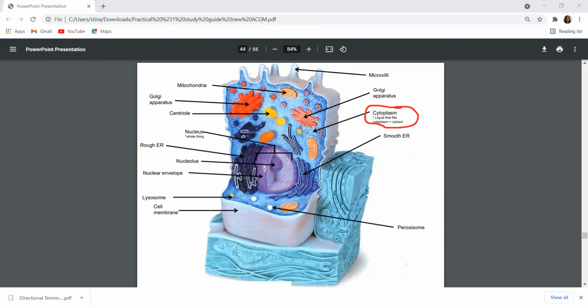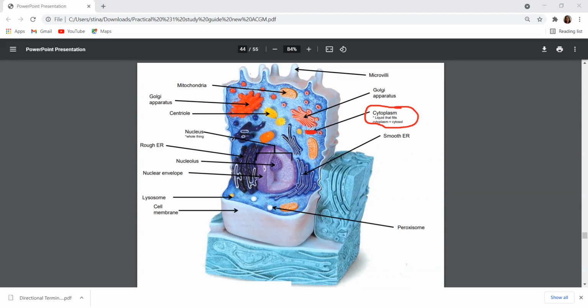So if I point in here to right here in the middle of nowhere, where there's no organelles or no cell parts in there, that is going to be cytoplasm. But if I point to that same area and ask you what the liquid is, then you would tell me it's cytosol.